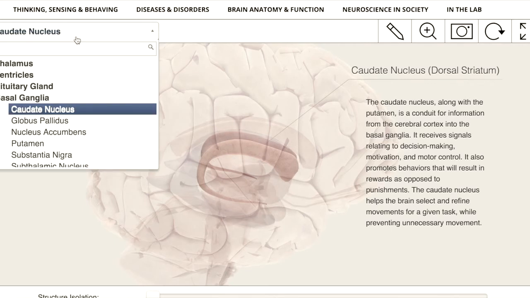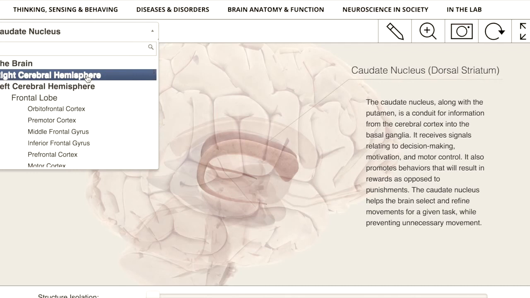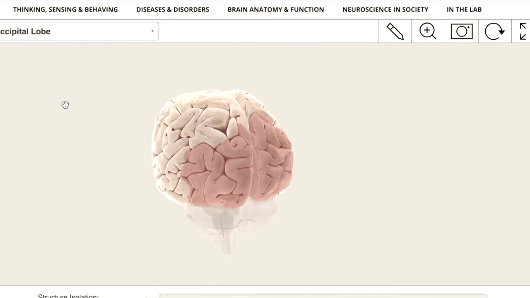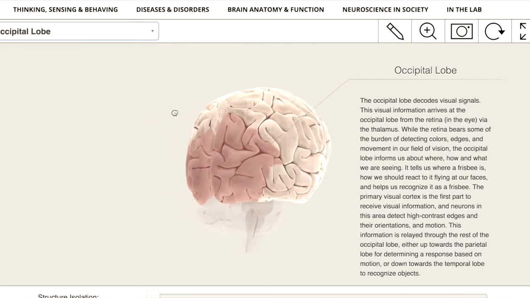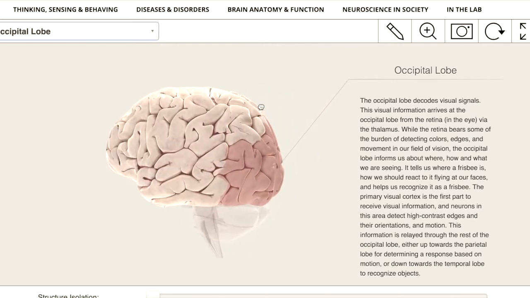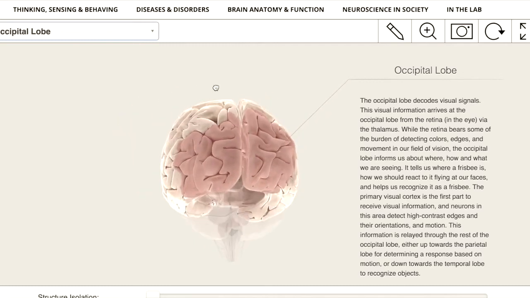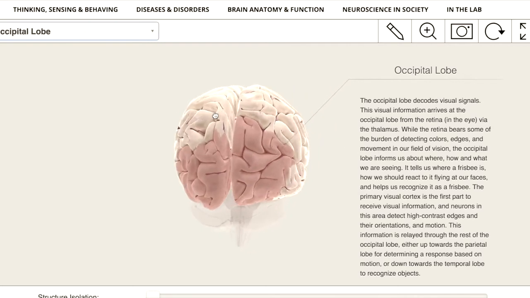So then we get up to the cerebral hemispheres. These are the occipital lobes, and the occipital lobes are generally related to vision. That's what they control. On the left side of the brain, we tend to think of it as how vision and words intersect.